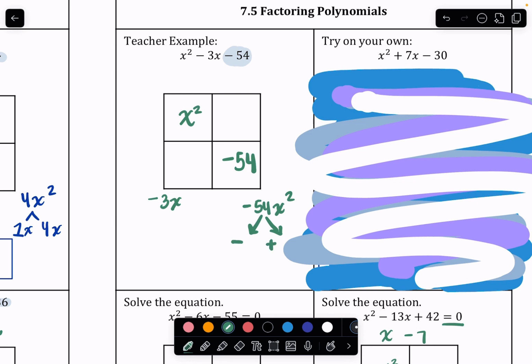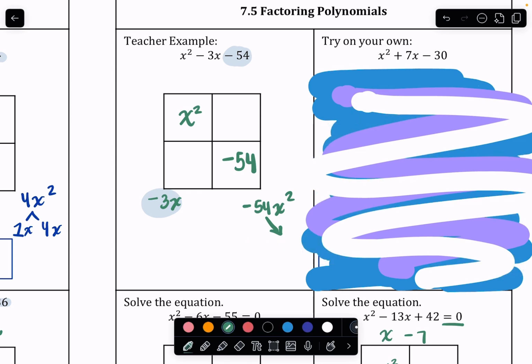Now I know that the factors 6 and 9, negative 6 plus 9, would multiply together to create negative 54. But we have to pay attention. Does negative 6 and positive 9 add together to create negative 3? No. We have to be careful here.